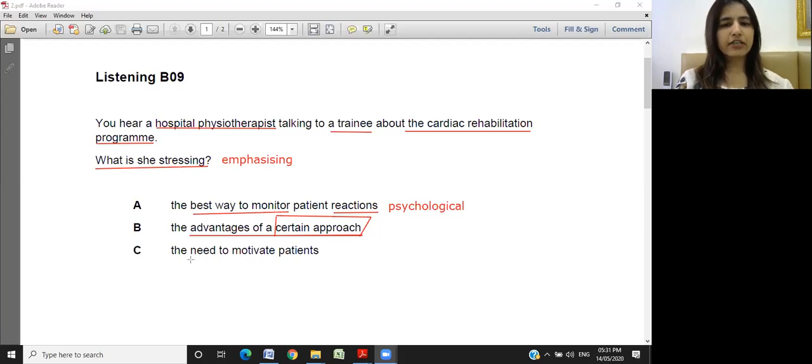Yeah, and if the third is the correct answer, the need. What do you mean by this? If this is the correct answer, what kind of sentences do you predict? The need to motivate. Yeah, the need is requirement. So what kind of conversation do you predict here if this is the correct answer?